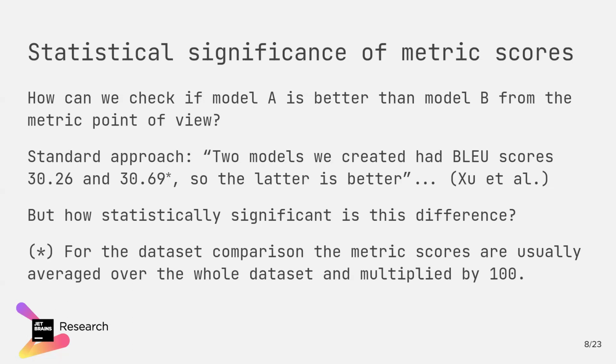So there is indeed a difference, but it's not clear how statistically significant it is. And if there are no further checks, such as the Wilcoxon signed-rank test, we can't really say that our improvement is statistically significant. So it is really important to study how big the difference between the scores of two models for a particular dataset should be for us to claim that one of the models is better than the other with the desired confidence.